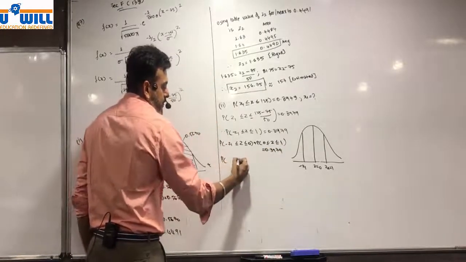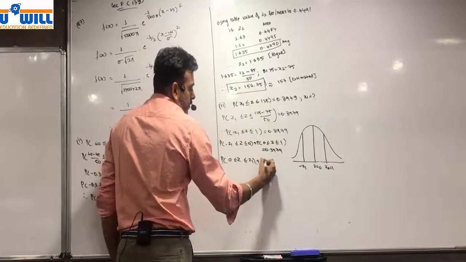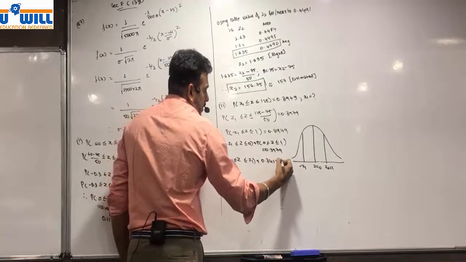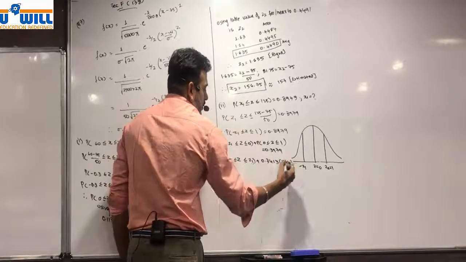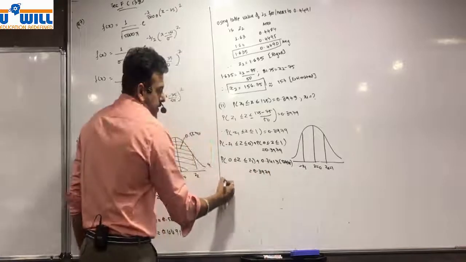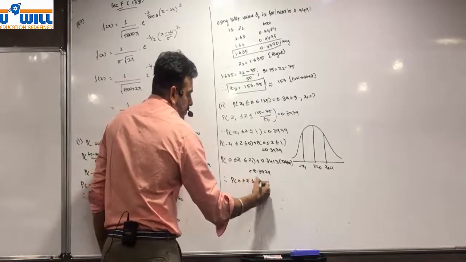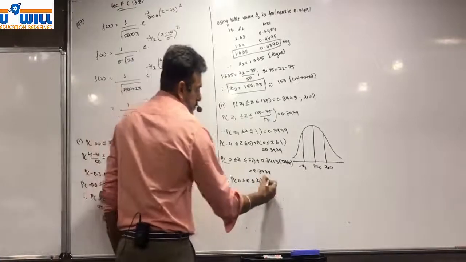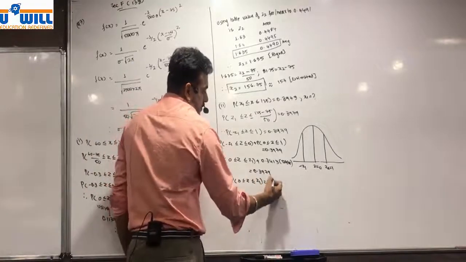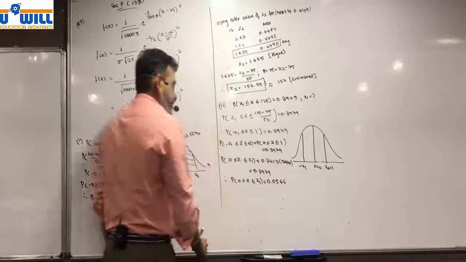So probability of Z greater than equal to 0 less than equal to Z1 plus 0.3413 using table is equal to 0.3979. Therefore, probability of Z greater than equal to 0 less than equal to Z1 is equal to 0.0566.